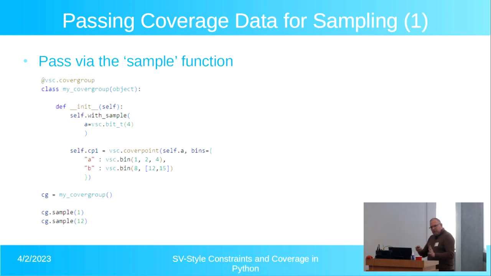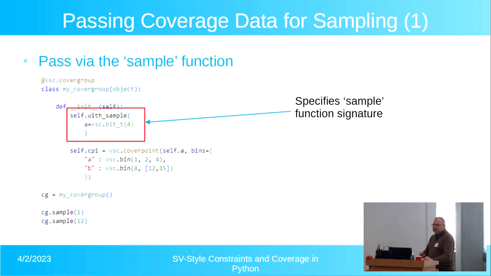Okay, so one note on passing coverage data. PyVSC has a couple of ways to do that. The first way is the one we just looked at, which is you specify what the signature of the sample method is. So in this case, we say that the sample method takes a single parameter.